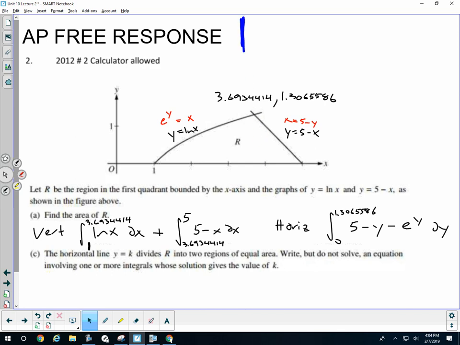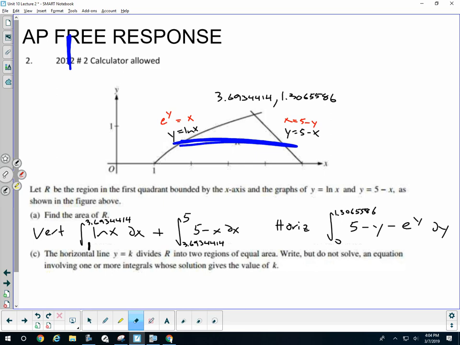Now, if I flip it, using horizontal rectangles, all of a sudden, yes, I am starting at 0. And I'm going to this y-coordinate, and my right and my left are consistent. So I only need one integral, from 0 to 1.3065586 of the right minus the left.